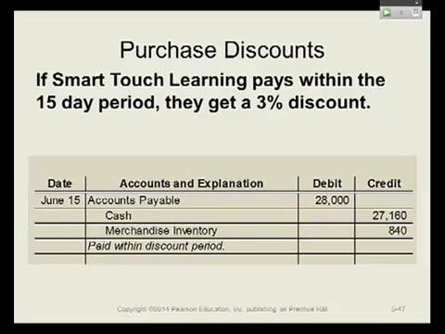That's the other important point. The discount reduces the cost of the inventory so that the cash paid is $27,160. The inventory cost is reduced by $840, and the total is going to reduce the accounts payable. So the amount that you now find on your financial statements would be the following.